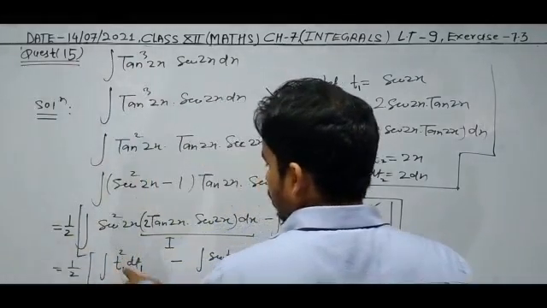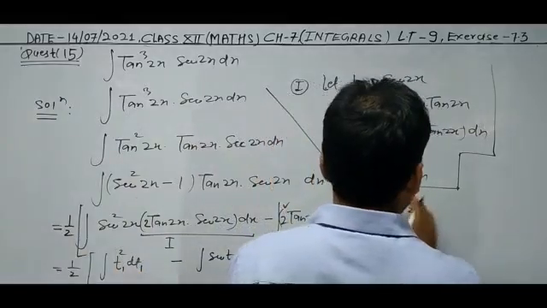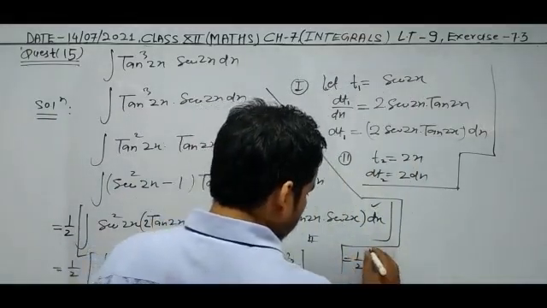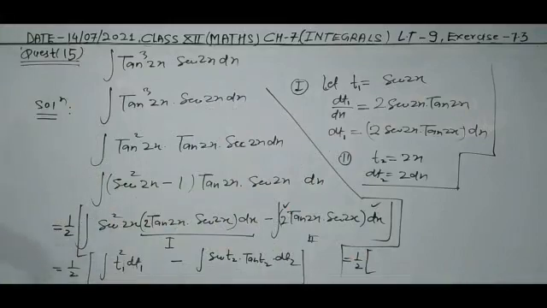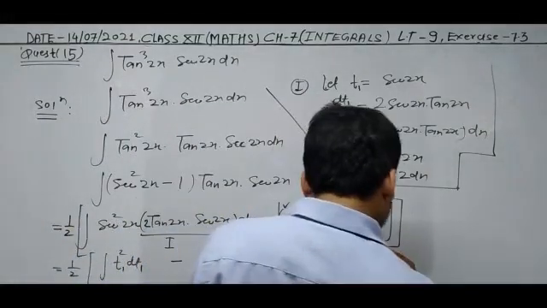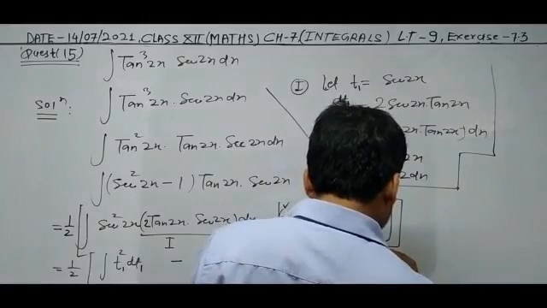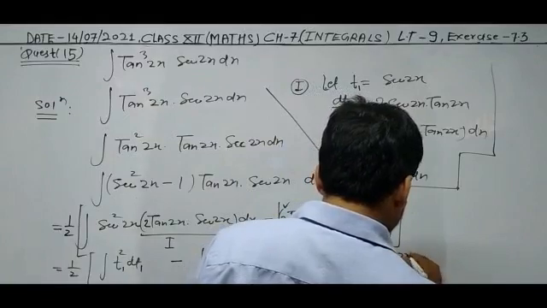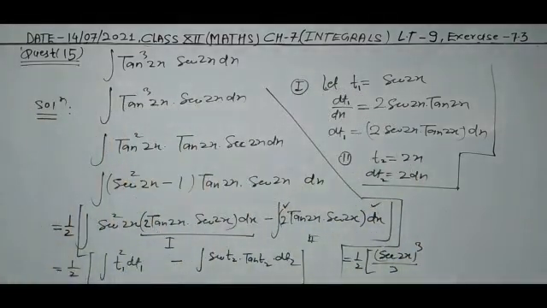t1 square dt1, its result will be 1 by 2, see here I am writing 1 by 2 integration over t square means t cube by 3, so t1 cube and t1 result is sec 2x power 3 by 3.